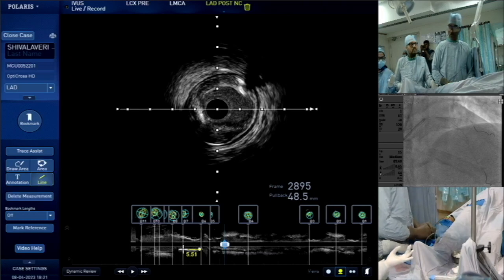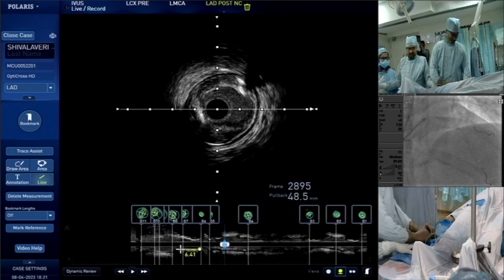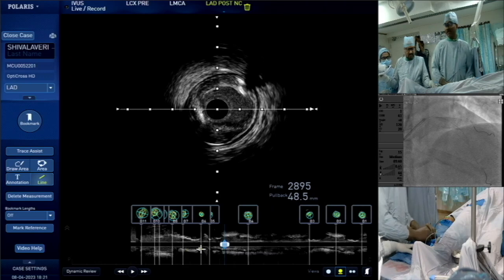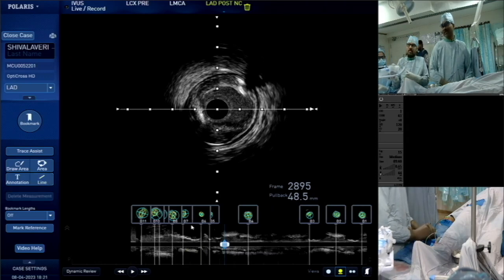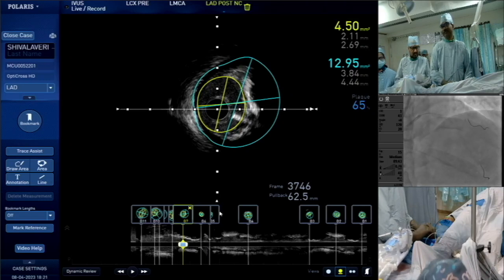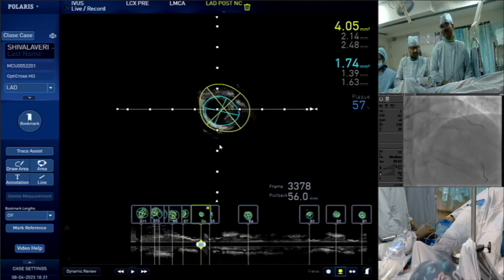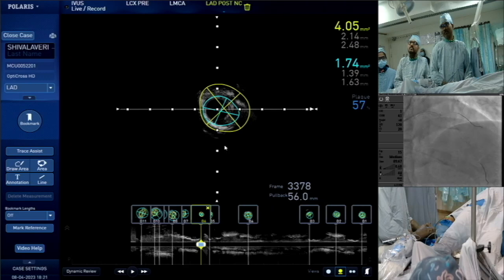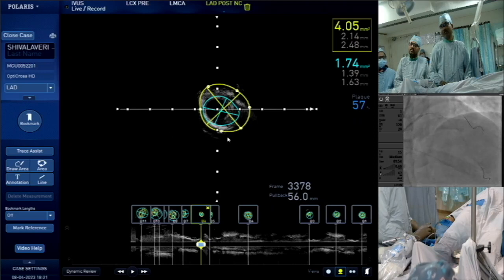But now you can see the calcium is there even in the lumen, okay? But what is the arc of calcium, Damodar? Sir, it is around more than 180 degrees of arc of calcium, sir. And here you can see it is more than 270 degrees here. Almost nearly, only this part is free of calcium, and you can say more than 270 degrees at this location.